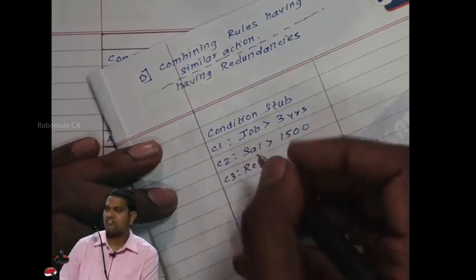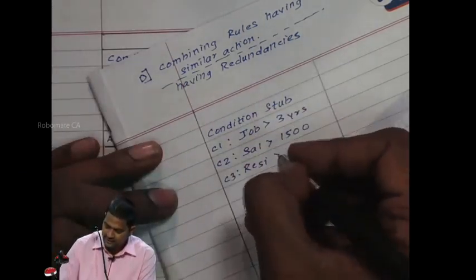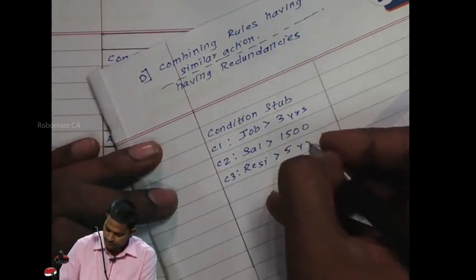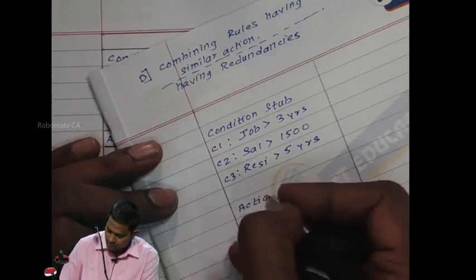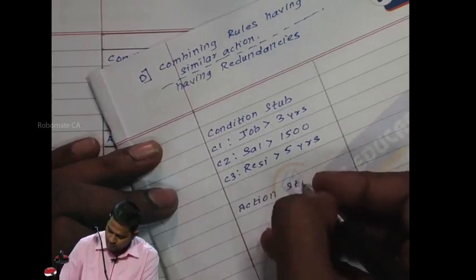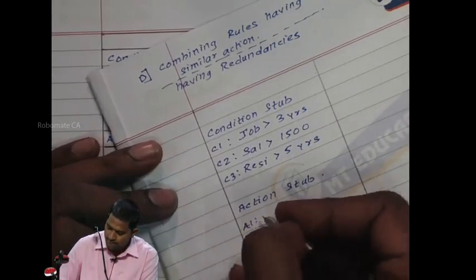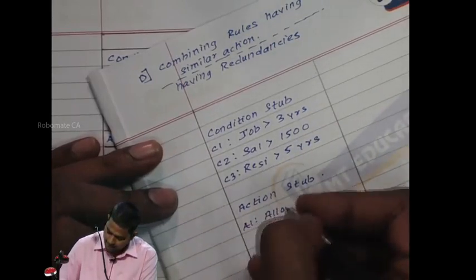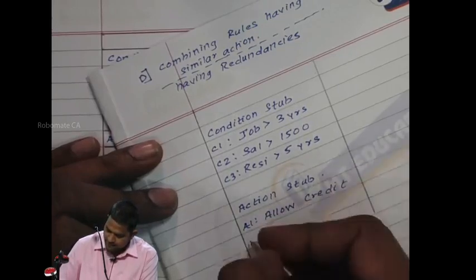Hey, my dear students, when you copy this, you write full word. Residence greater than. Then there was, okay, 2 actions. Action 1. Second part.